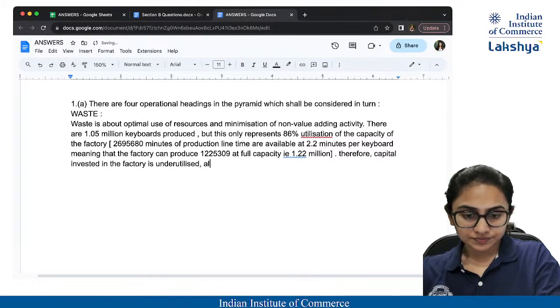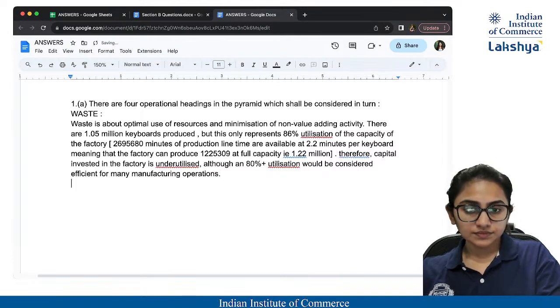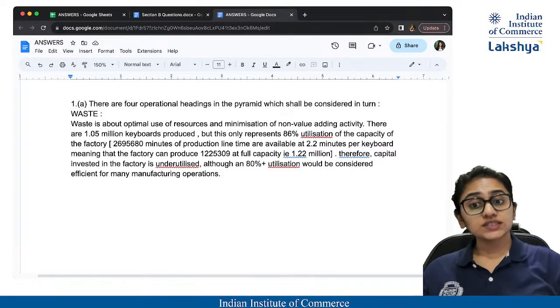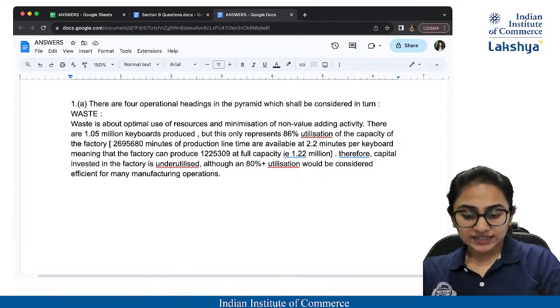Although an 80% plus utilization would be considered efficient for many manufacturing operations, although 80+% is obviously good, but then they are not doing 100% of it, and resources are available at 100%, so why not? So that is regarding waste.